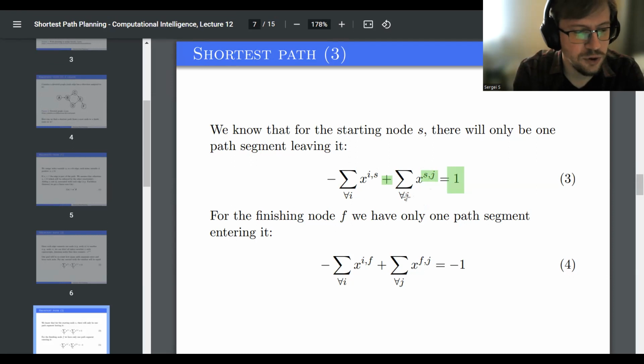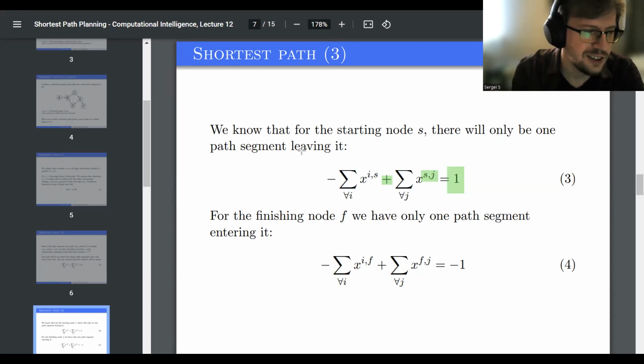So this is for all j nodes: all path segments that go from the node S to some other node j. And those should prevail over the path segments that come from the nodes outside that try to enter the node S. And the prevalence should be by 1.